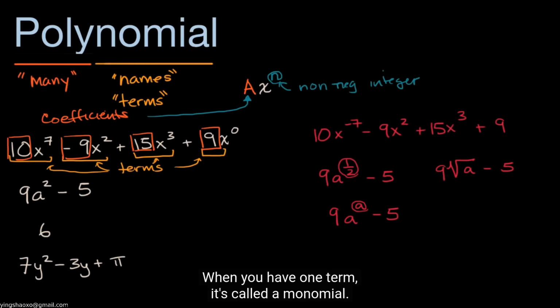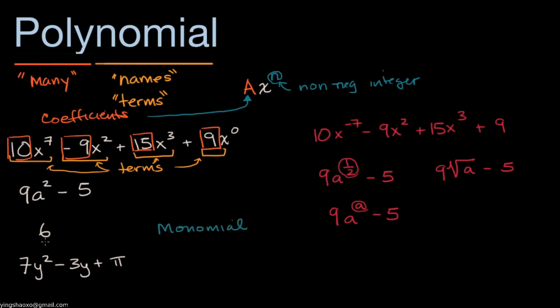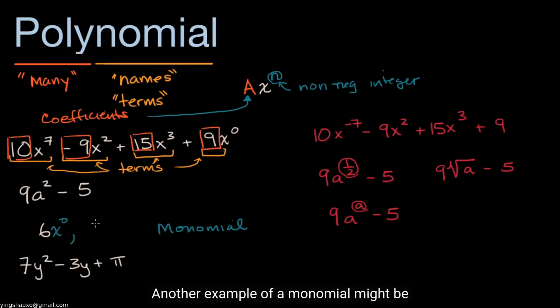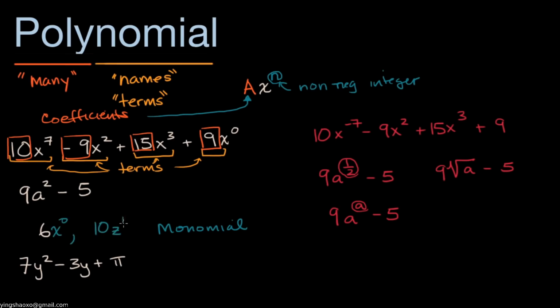So when you have one term, it's called a monomial. This is an example of a monomial, which we could write as 6x to the 0. Another example of a monomial might be 10z to the 15th power. That's also a monomial.